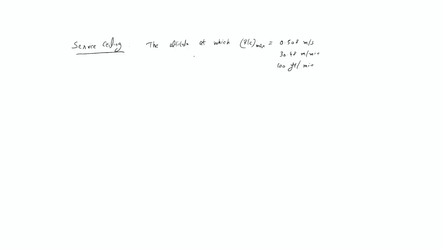Okay, so that altitude we call service ceiling. As I said, this term is rather more used when compared with the absolute ceiling. Thus, this service ceiling represents the practical upper limit of steady level flight.